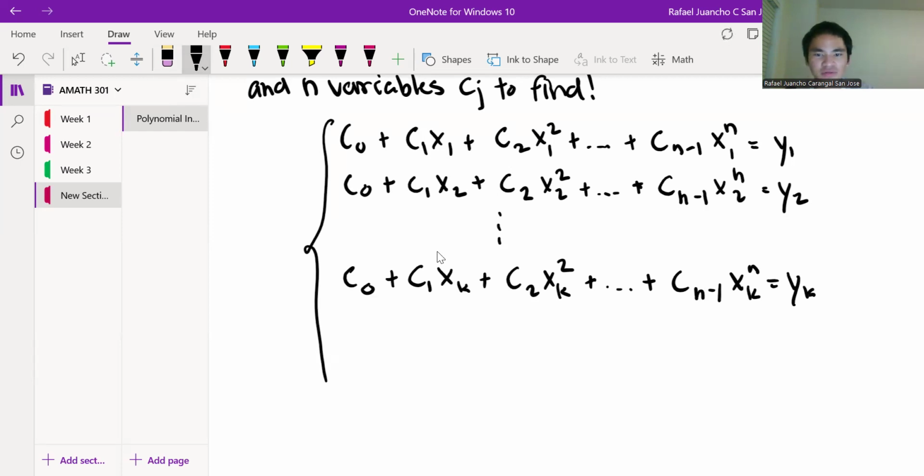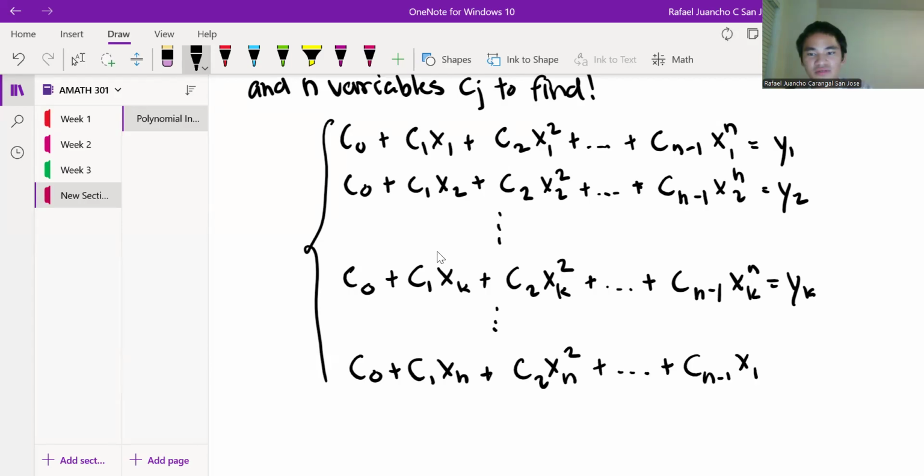And then we go all the way to n: C naught, C1 xn, C2 xn squared, up to C n minus 1, xn to the n minus 1, yn, right?